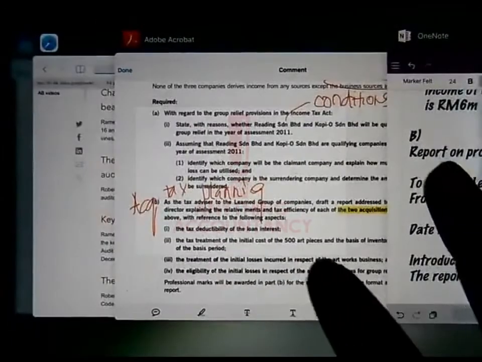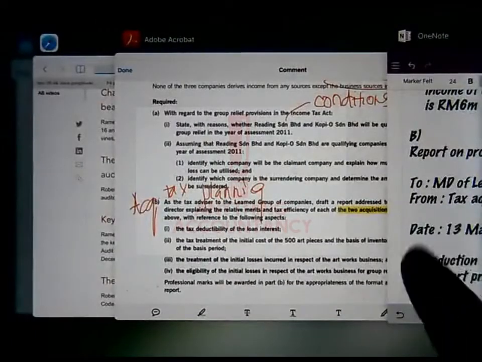Well, what did the question ask you? Merits and tax efficiency.